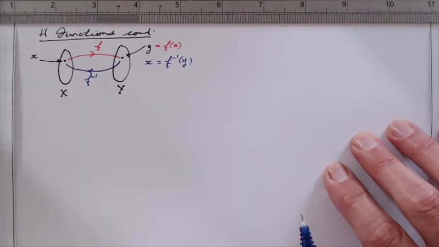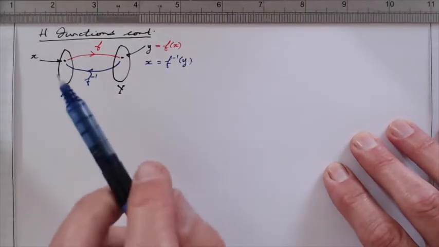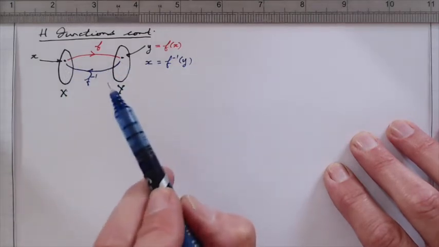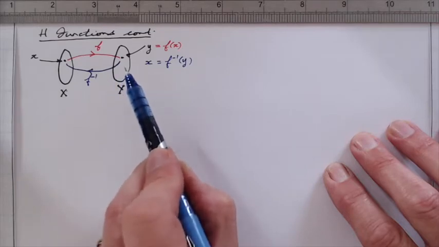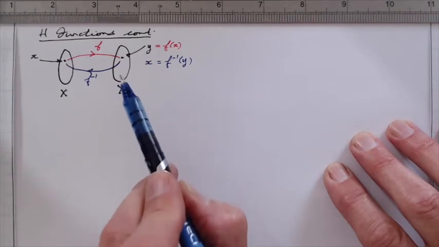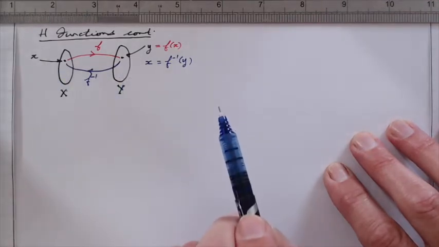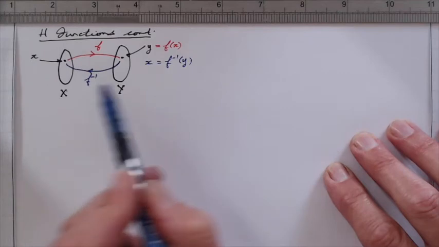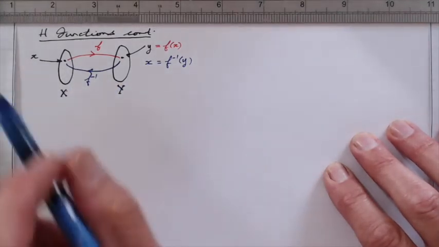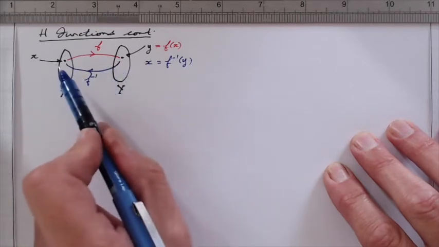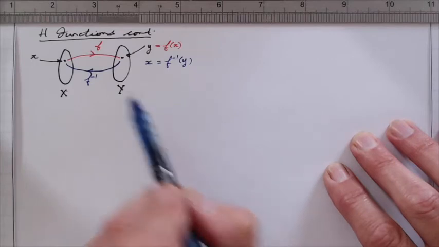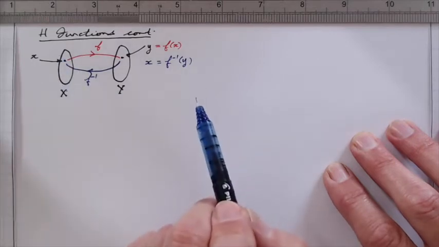Okay? Now, in order to strictly define a function, we remember we had to say that for a given element in the domain of the function, there had to be a unique landing point in the codomain, or in the set that the function is mapping to. So in order for that to be true, it does actually place a restriction often on the domain x.